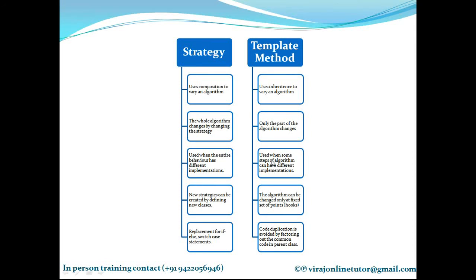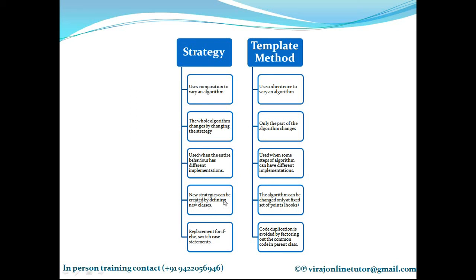And template method is used when some steps of the algorithms can have different implementations. In the previous example, only the max limit was differing between normal account holder and the power account holder. So only when some of the steps are varying, it's a template method. But in strategy, whole algorithm changes.